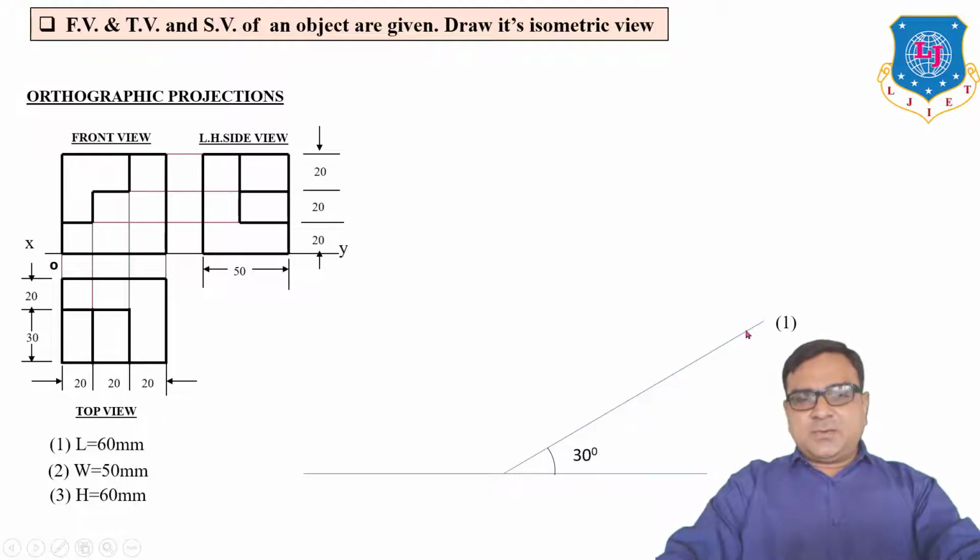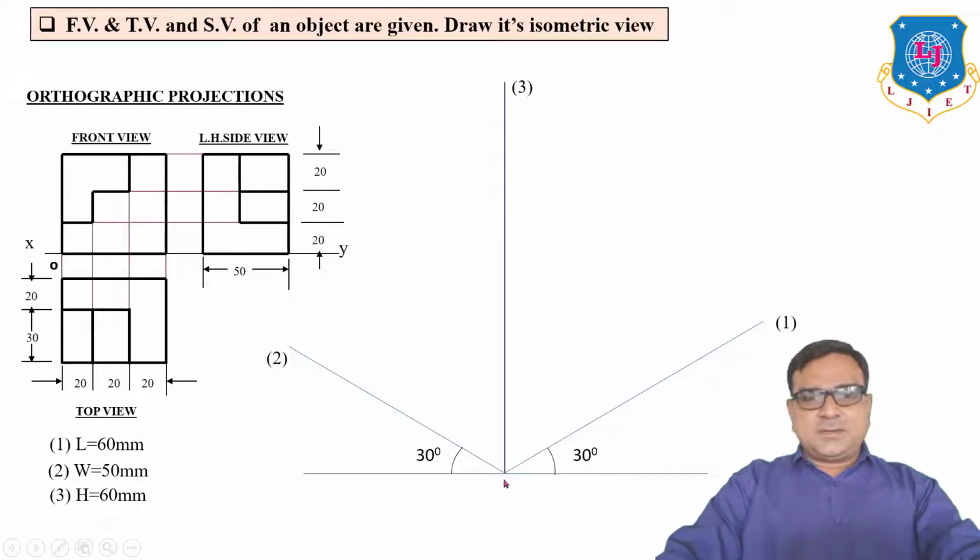Give the name line number 1 to this line. Second, draw a line 30 degrees clockwise with the horizontal line and name it 2. The third one is always a vertical line, perpendicular to the horizontal line. So in any isometric drawing, we have to draw these 3 lines, which represent the length, width and height of the object.